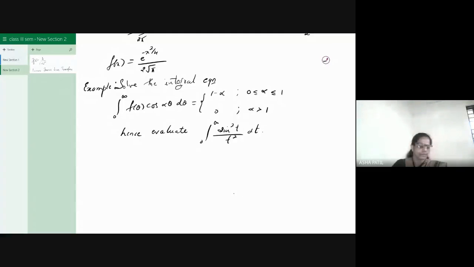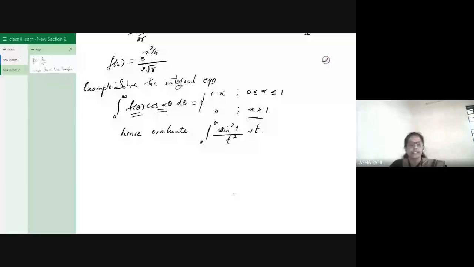How to take this? How will you write? Check the variables. First understand the variables. Here it is f of theta cos alpha theta. Answer is in terms of alpha. What will you write the LHS? What will you write the RHS?